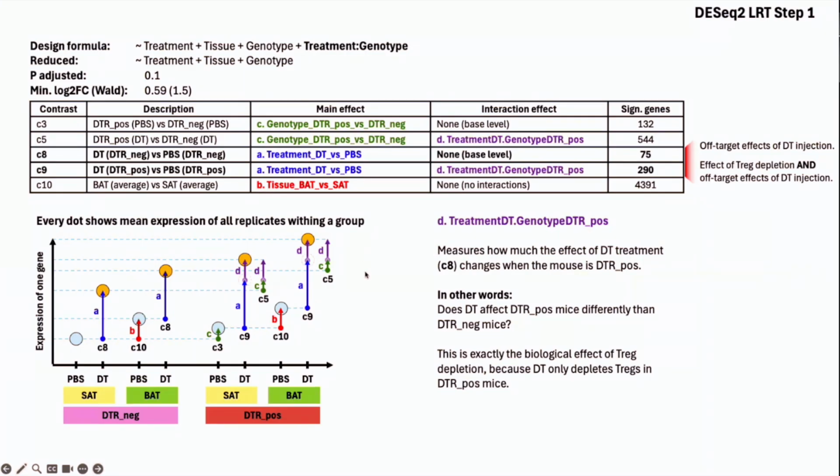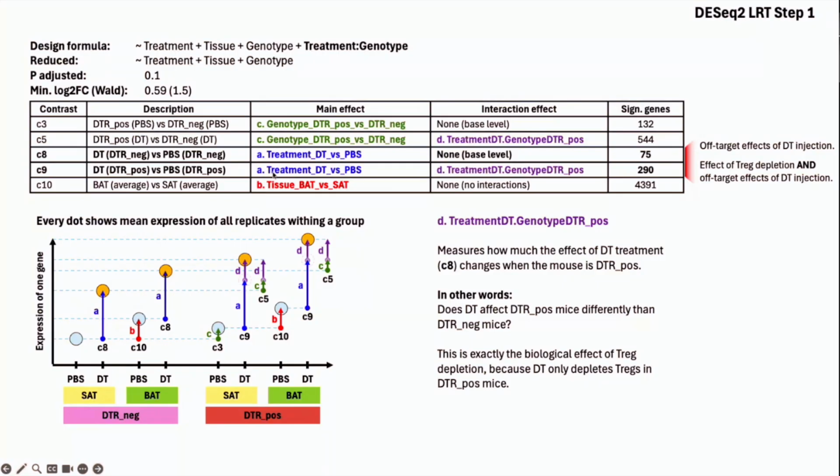So if you remember, on the very first slide, I showed 3 different comparisons, and I said that we want to see the effect of only the Treg depletion. And if we look at these 2 contrasts, we see that this comparison, DT versus PBS for DTR negative, shows the off-target effect of DT injection, because in DTR negative there is no Treg depletion.